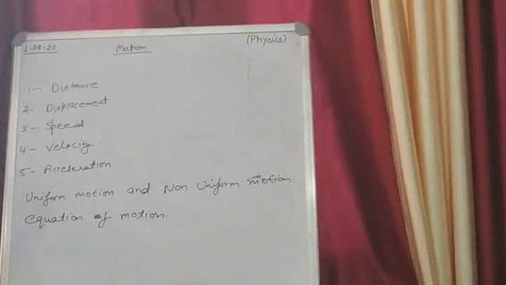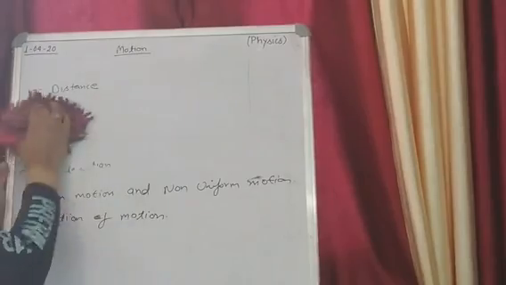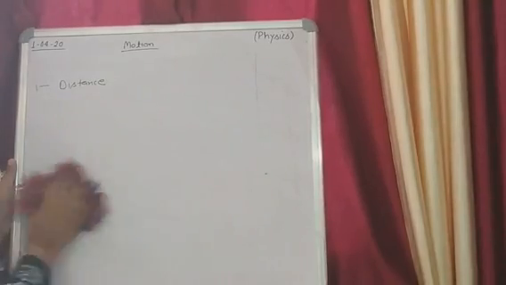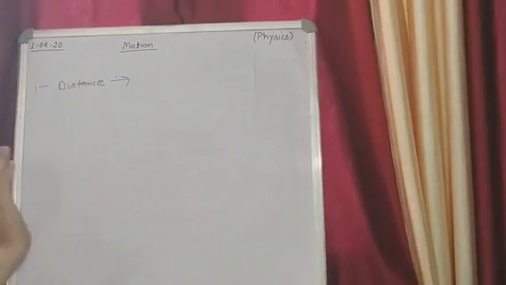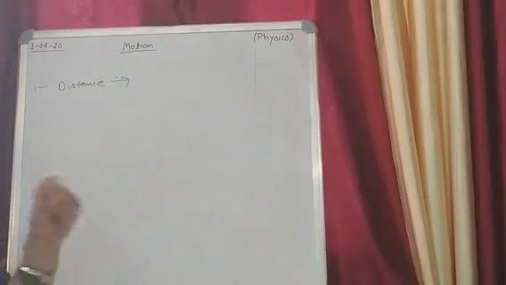Okay. Then at first, let me start with distance. What is distance? Okay. So at first, in physics, what is the definition of distance? The simple definition of distance is the total path covered by any body.